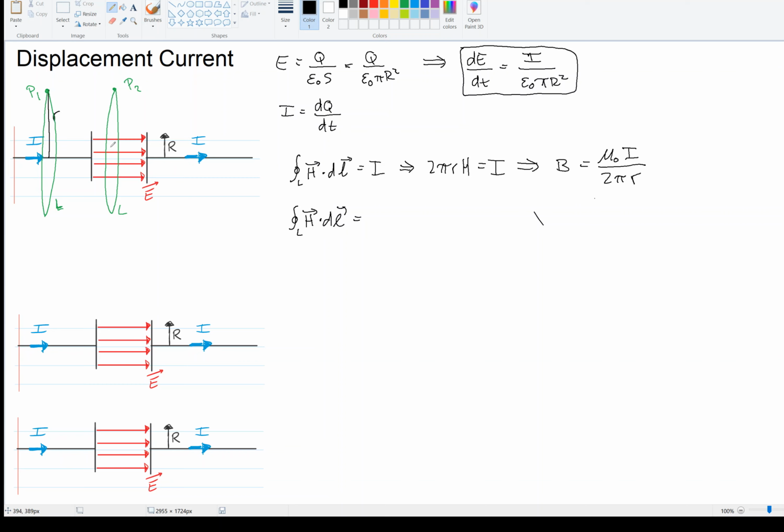Well, I don't have any current that penetrates that circle. So this must mean that it's zero. And then, of course, this would imply that the magnetic flux density is zero. That's absurd, right? I mean, come on. You mean to tell me that the magnetic field is going to be of some substance here, but then automatically zero right there? It just drops off to zero instantaneously? No way. That's absurd.